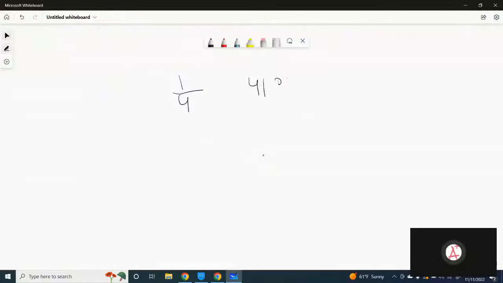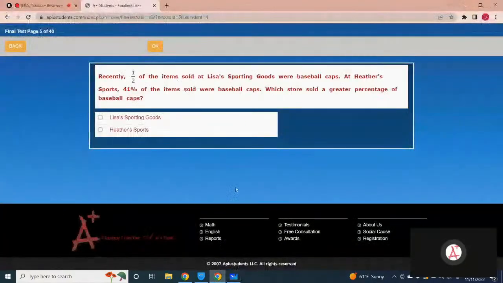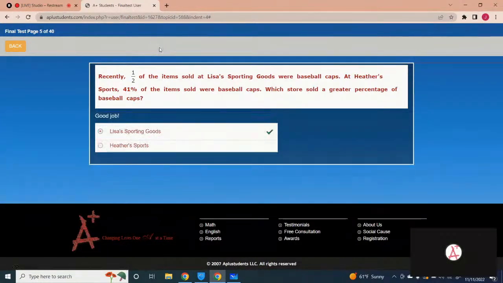So 1 by 2 is 0.5, and 0.5 times 100 is 50%. So who has a greater value? 50% is greater. So that means Lisa's Sporting Goods has the greater percentage of baseball caps. Got it?